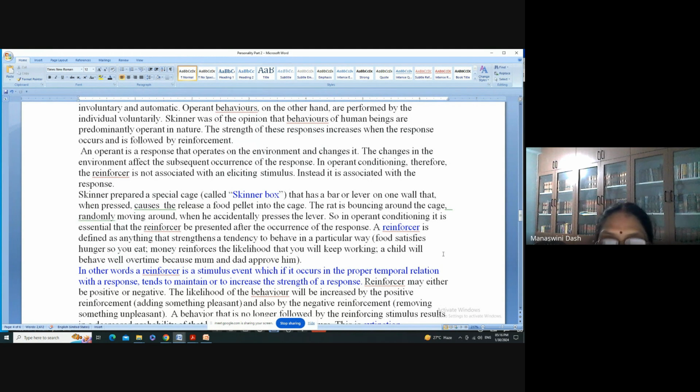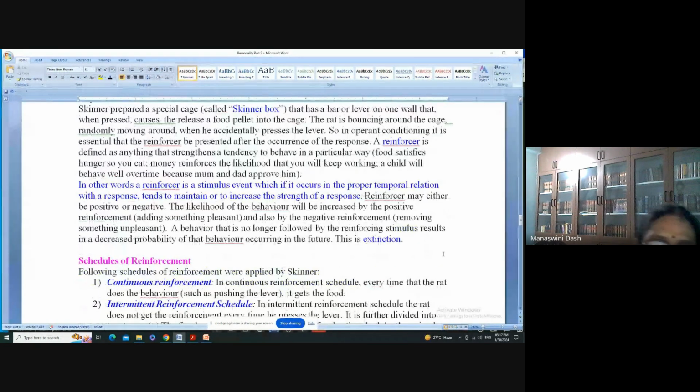So a reinforcer always strengthens a response. A reinforcer may either be positive or negative. The likelihood of the behavior will be increased by positive reinforcement.